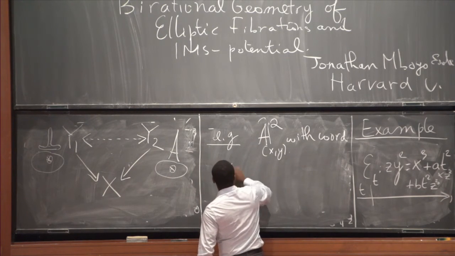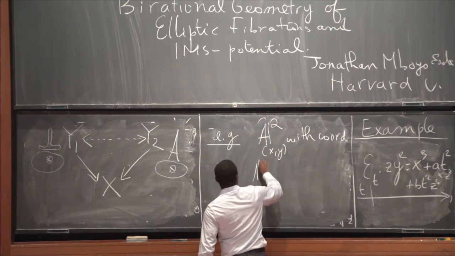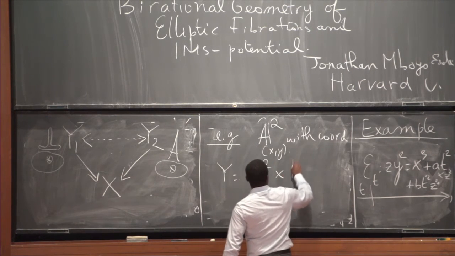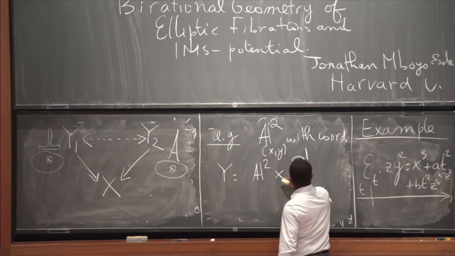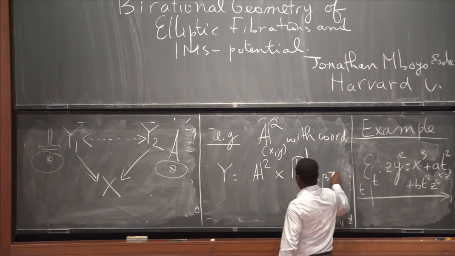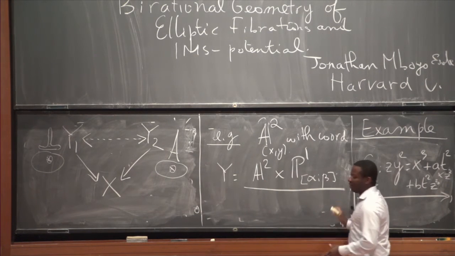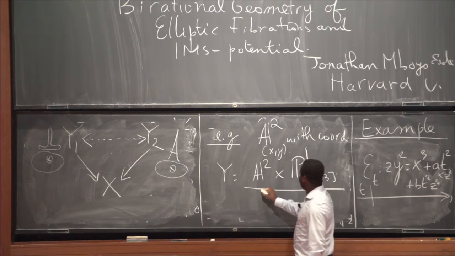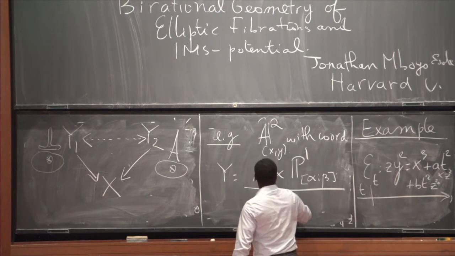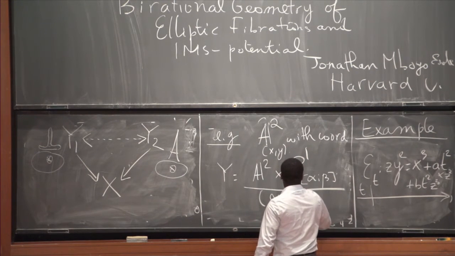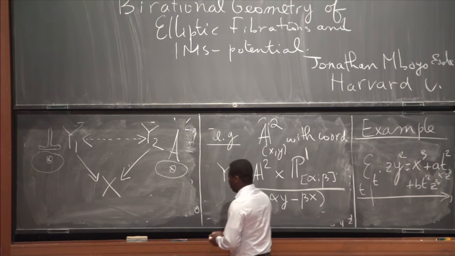So I will take Y to be defined as A2 times a projective line, and my projective line will have coordinates alpha, beta. But then I want to quotient this with an equation, and the equation I consider will be alpha y minus beta x equals 0.